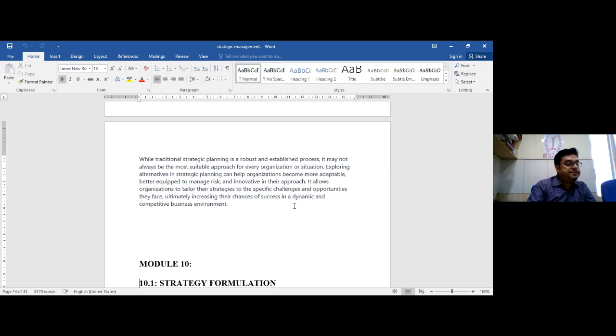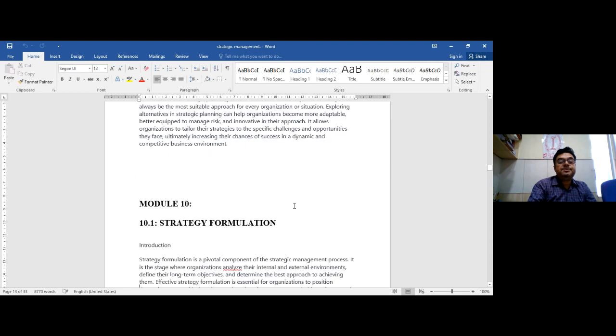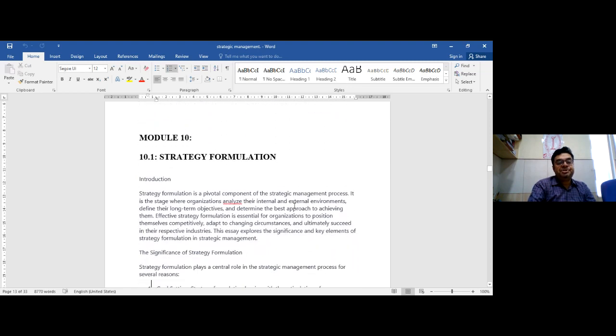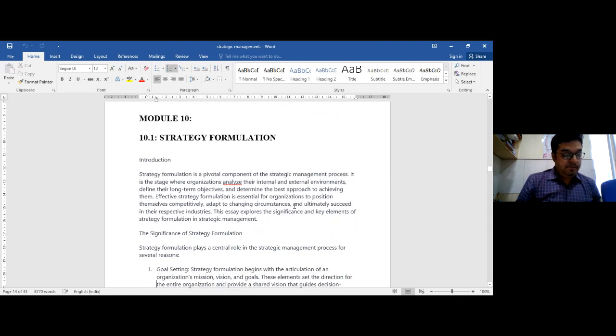Moving ahead, we move to the 10th module in the syllabus, which is strategy formulation.